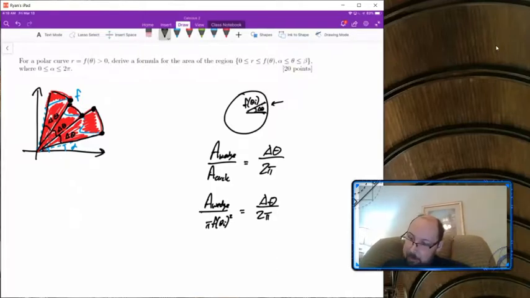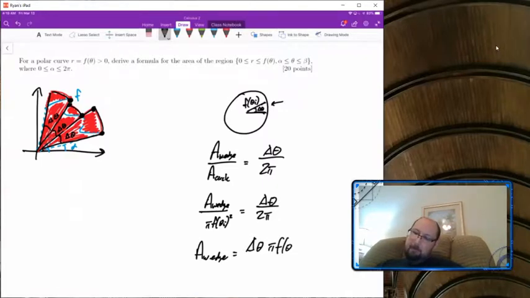If we multiply the denominator over to the right side, I've got delta theta times pi f of theta I squared, all over 2 pi. The pi's cancel, leaving us with 1/2 f of theta I squared delta theta.